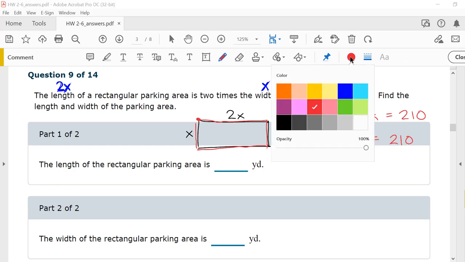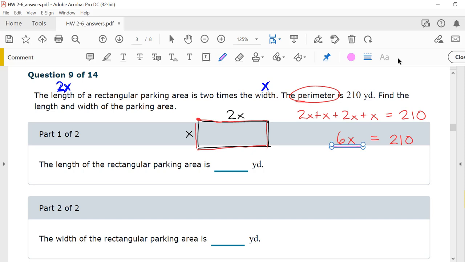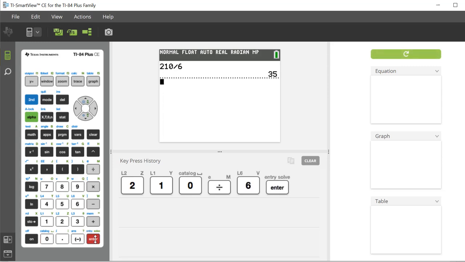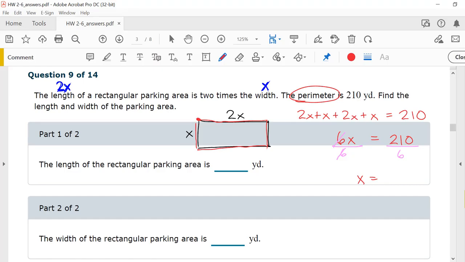So if 6x equals 210, dividing both sides by 6, I end up with x equals 210 divided by 6 is 35. So x is 35. What was x? X was the width. So the width of the rectangular parking area is 35 yards.